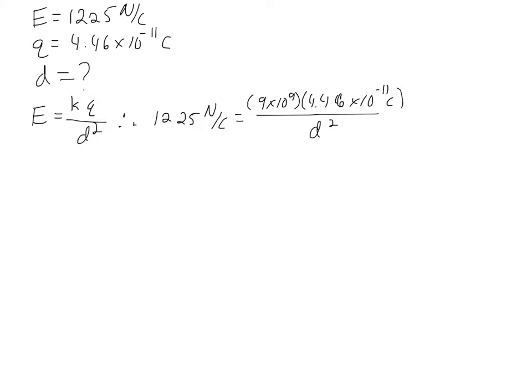So we solve for D, and we'll get the distance to the charge. Don't forget to take the square root of it. Distance to the charge is equal to 0.018 meters.